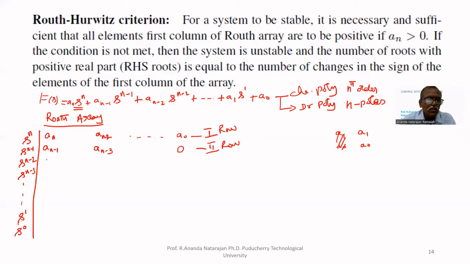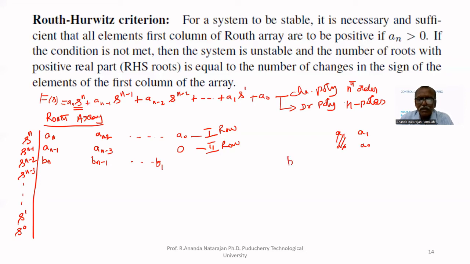Now we have to form the third row, that is b n, b n minus 1, etc., up to b1 it will come, one short of the polynomial.